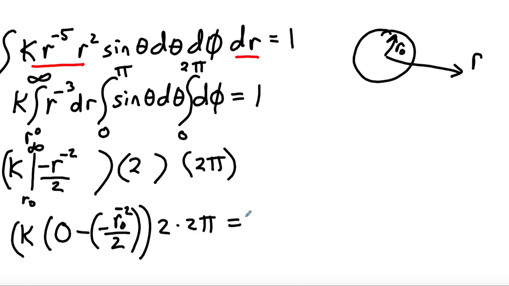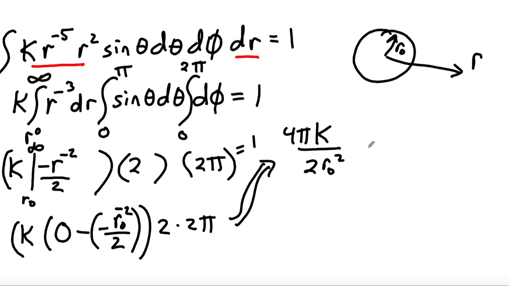So we end up, and remember this whole thing is equal to 1. We've got k, negative times a negative is a positive, so we've got k times 2 over r0 squared. We still have this 4 pi here. It's all going to be equal to 1.